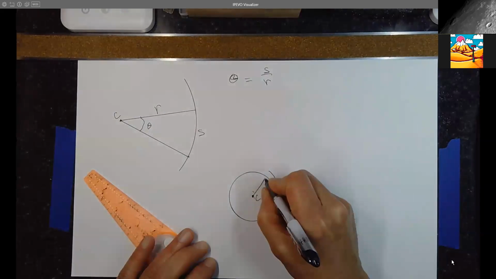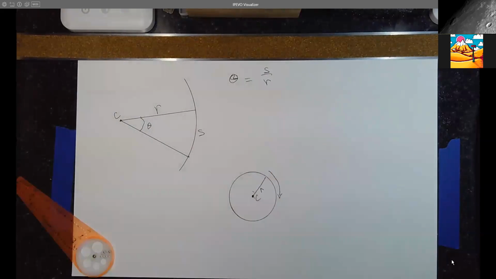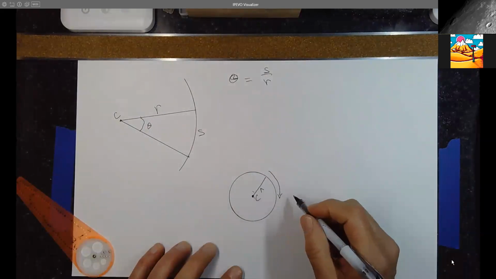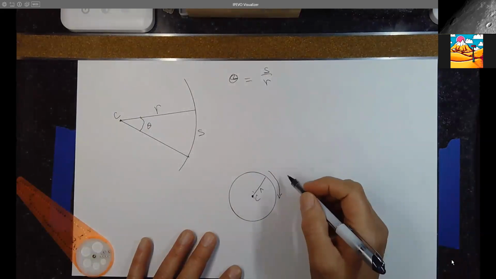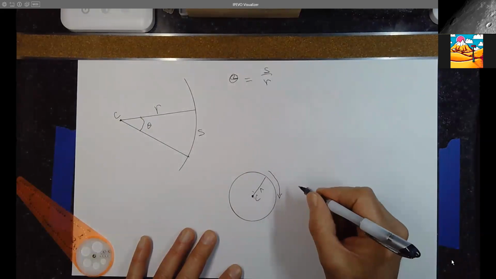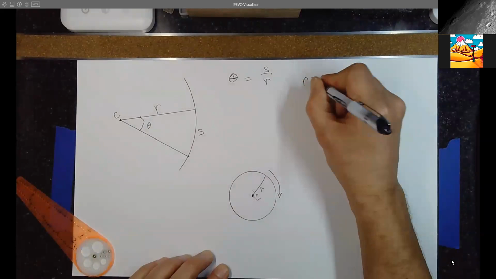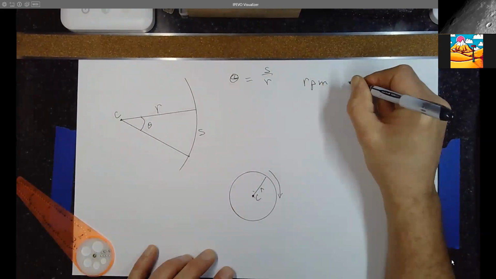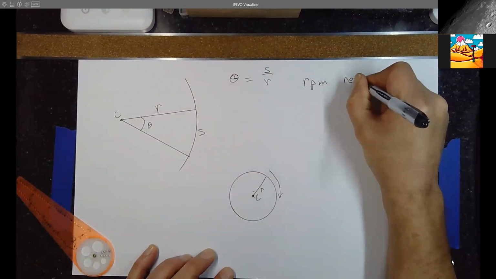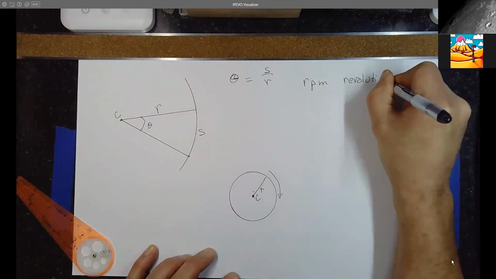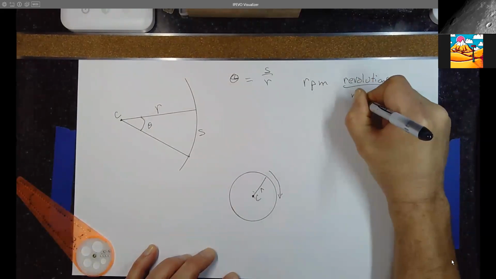And this thing will have some radius r. Now, we'll imagine for starters that it's spinning at some uniform rate. And we're going to talk about how fast it's spinning. Well, in common usage, one of the ways that people measure the speed at which something is spinning is RPM, and that stands for revolutions per minute.